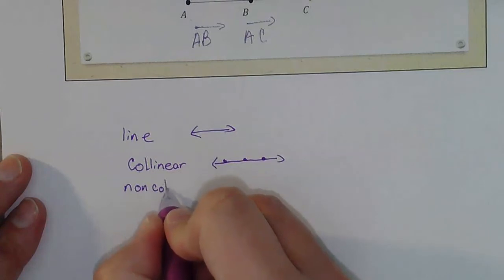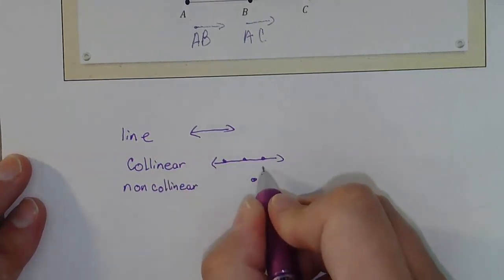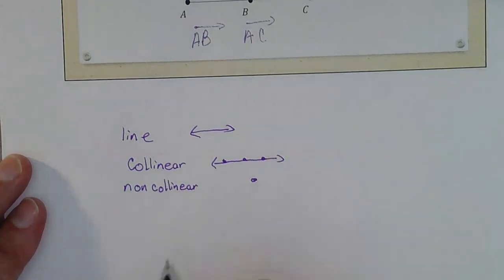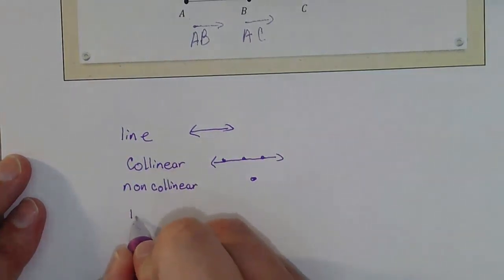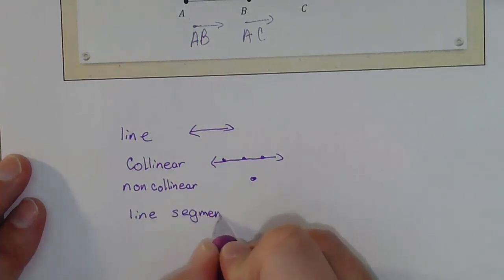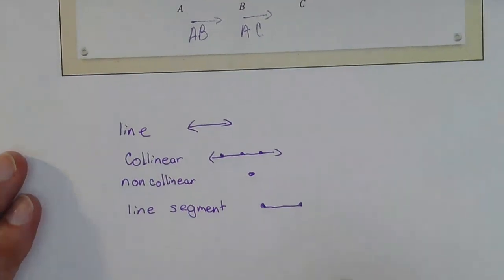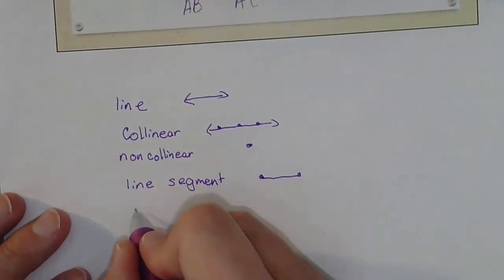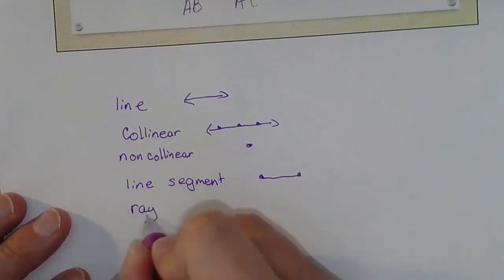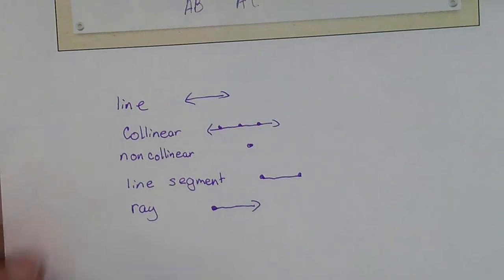Non-collinear points is like a point out here. Okay, so it's not on that line. We have discussed a line segment that has 2 ending points. And we've looked at a ray that has 1 ending point and then continues on forever in one direction.